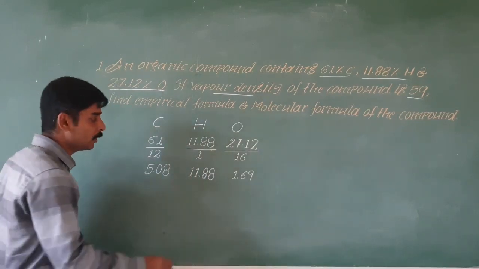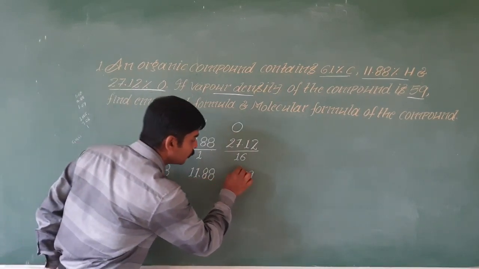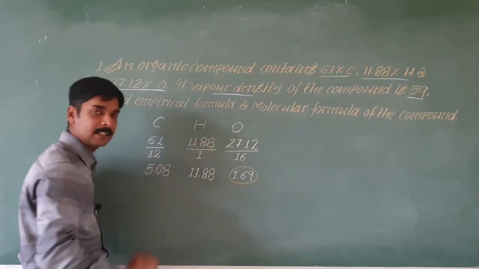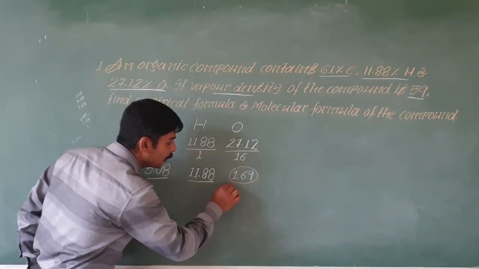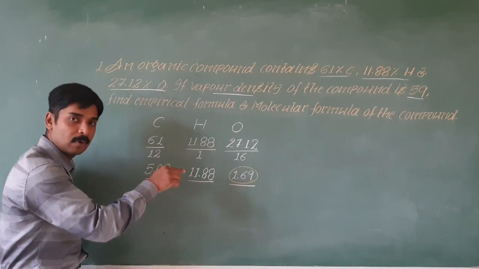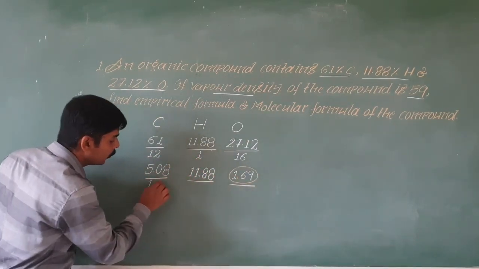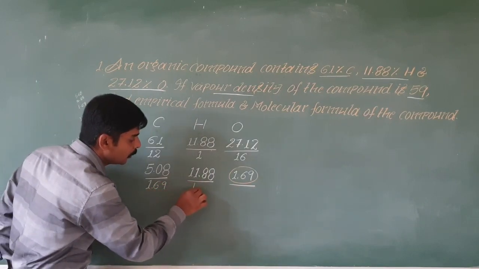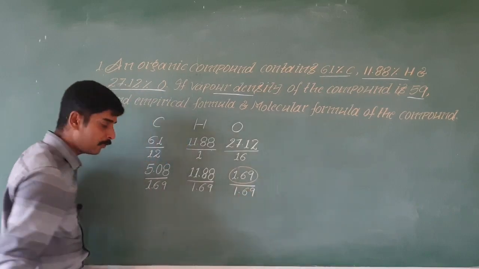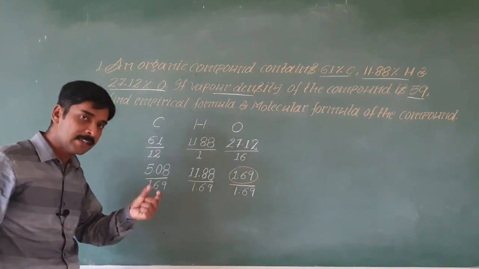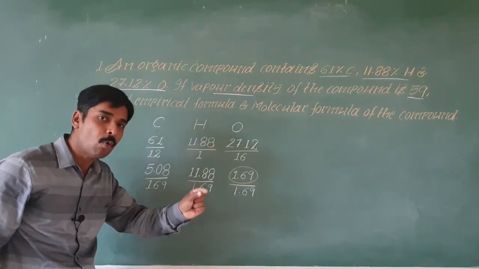Next step is, out of these three numbers, you must note down which is the smallest number. The smallest out of these three is 1.69, and you must divide all these numbers by the smallest number among them. So the next step, you will divide all these by 1.69. After dividing, whatever answer you get, you must round it off to the nearest whole number.